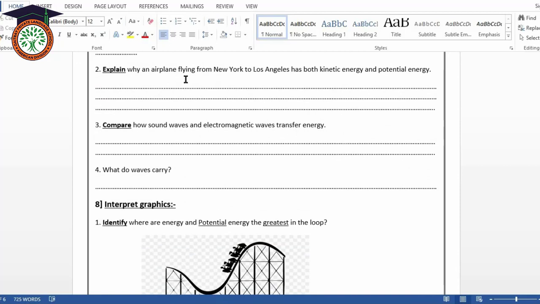Okay, so this will be the answer. But we know that thermal is the kinetic and potential energy of the particles, while the mechanical is the potential and kinetic energy in the whole system.